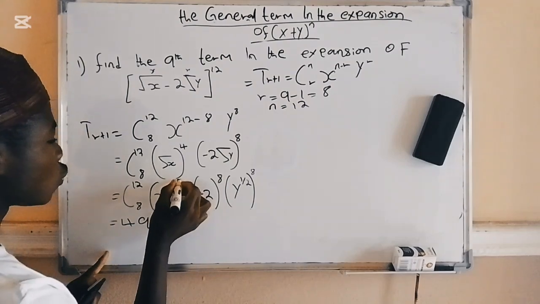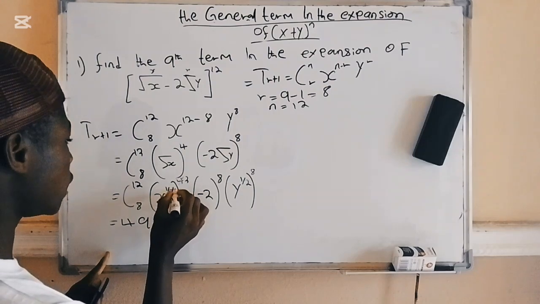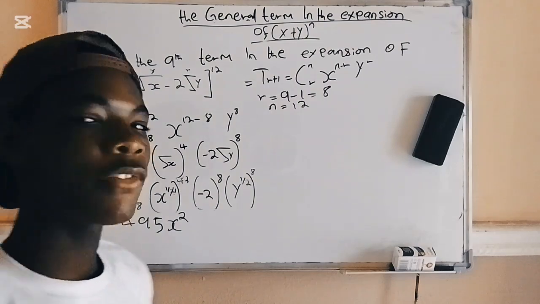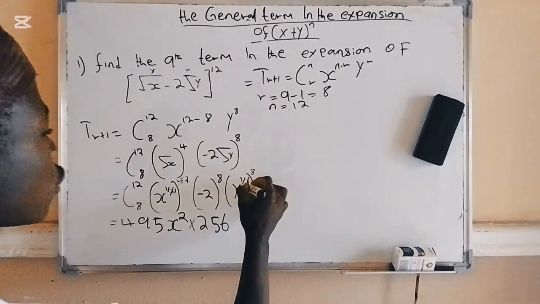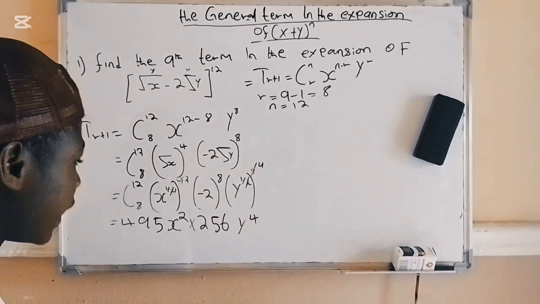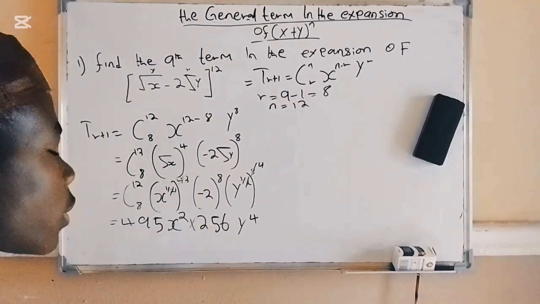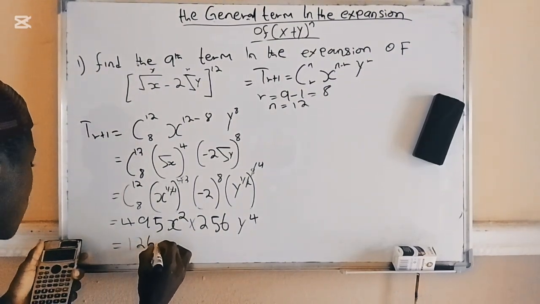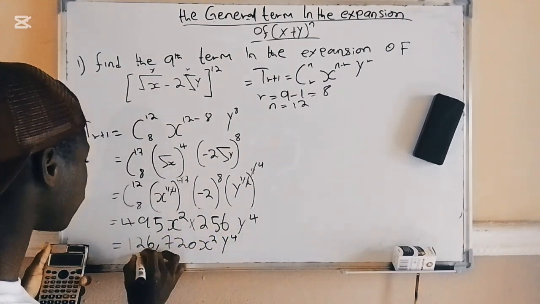The power 4 halved gives x squared, and minus 2 raised to the power of 8 gives 256, and y half of 8 gives y to the 4. Multiplying 495 by 256 gives 126,720. It will be equal to 126,720 x squared y to the 4.